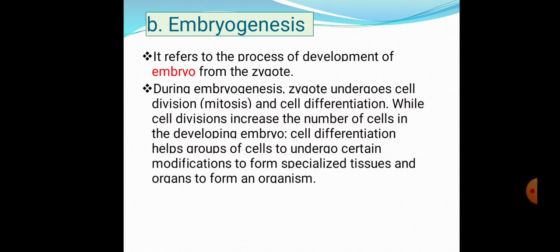After division, it undergoes cell differentiation. While cell division increases the number of cells in the developing embryo, cell differentiation helps groups of cells to undergo certain modifications to form specialized tissues and organs to form an organism.